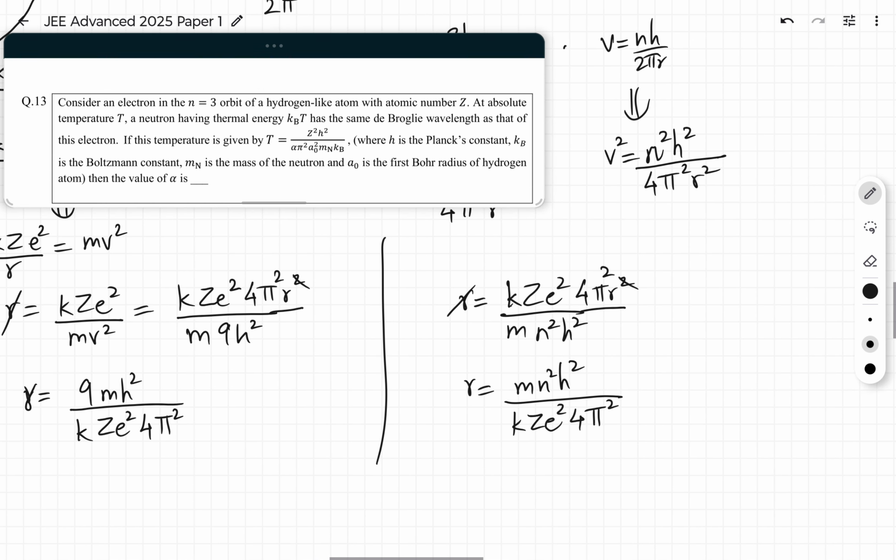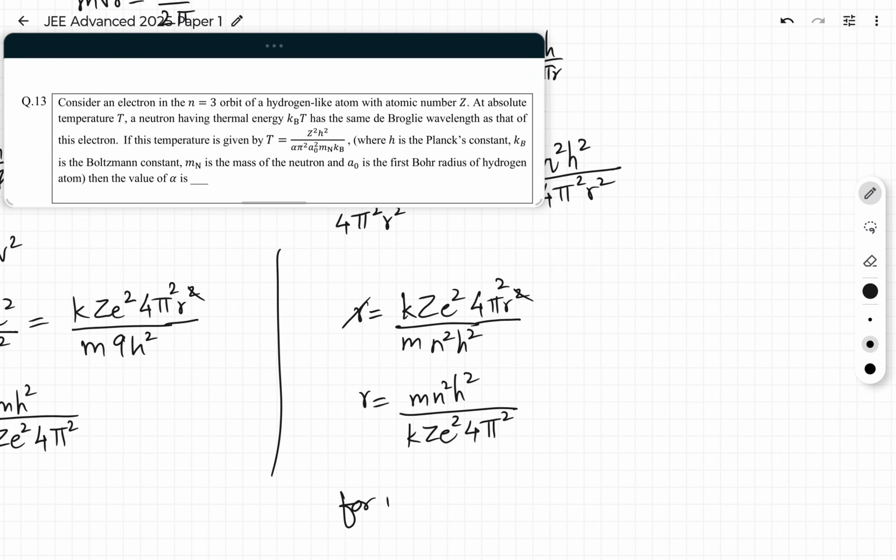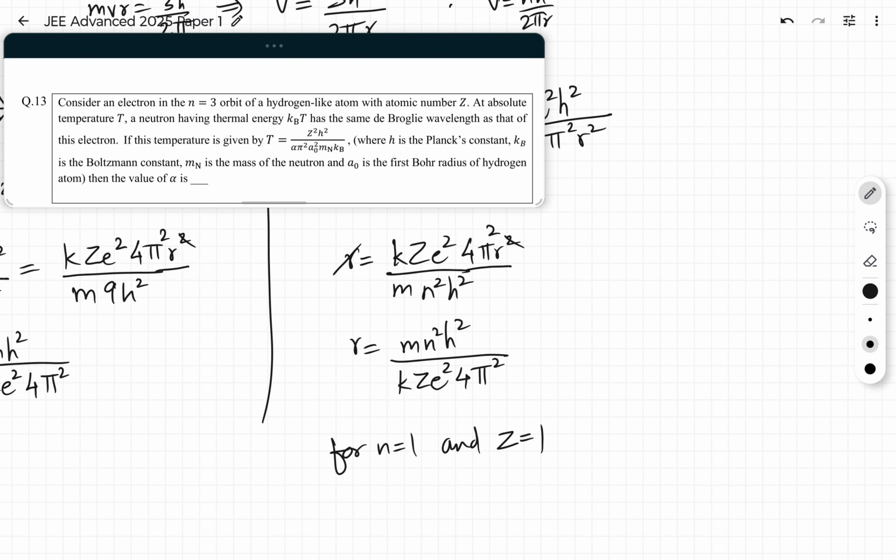Now for n equals 1 and Z equals 1, this will be the electron in the hydrogen atom, and this will be the ground state of the hydrogen atom, and r will be the Bohr radius. In the question they use a naught.